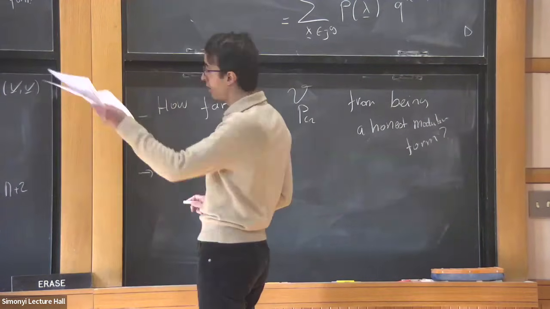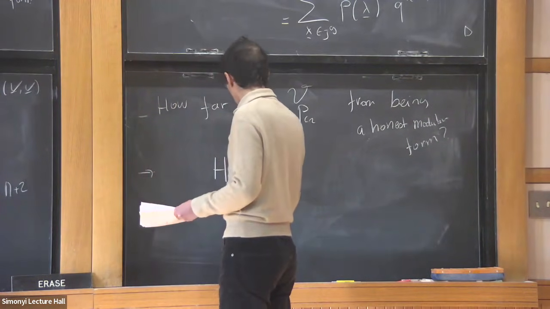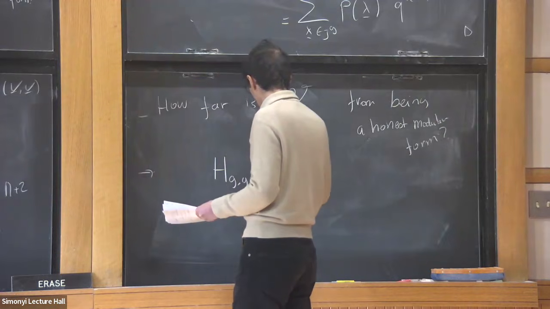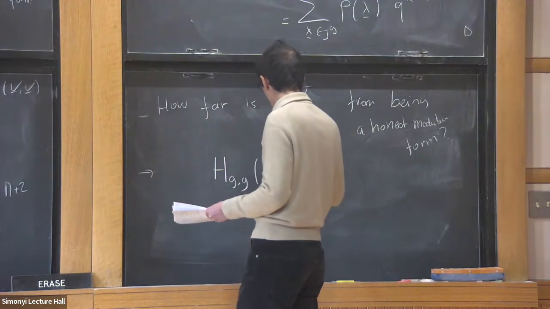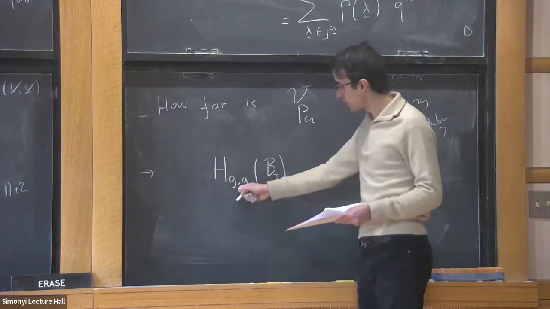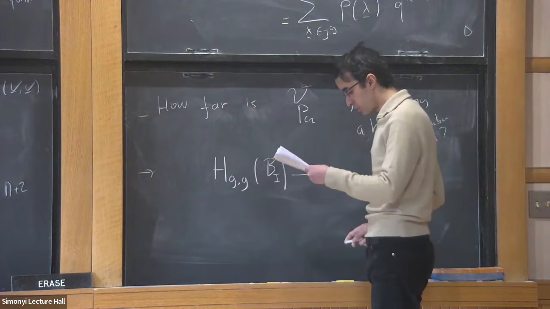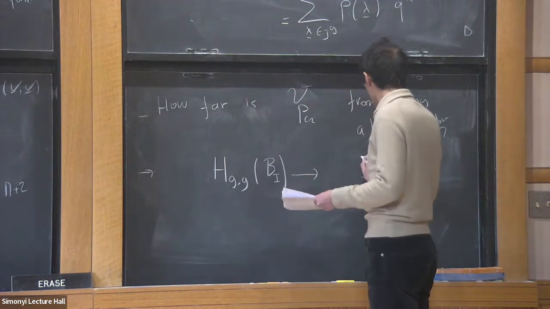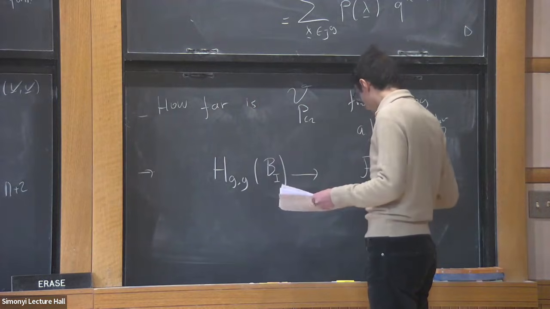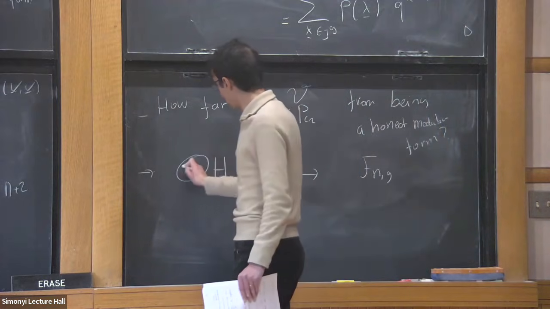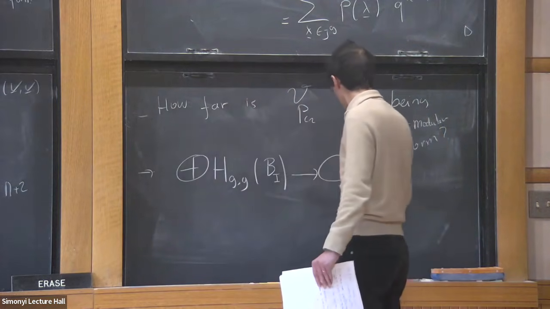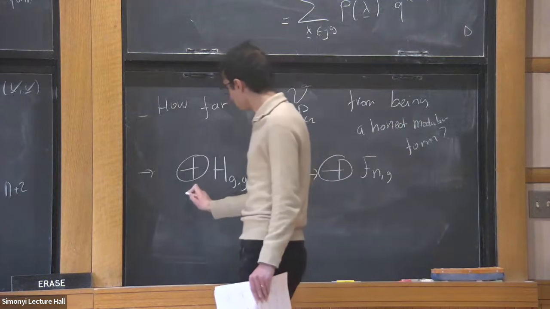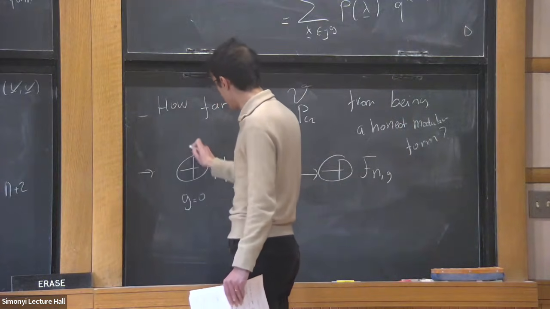So this map, what we have done is we have defined a map from the homology of the boundary, or let's say the Hodge homology of the boundary, to this space of polynomials f and g. And now we can put them together in a direct sum from G0 to n.